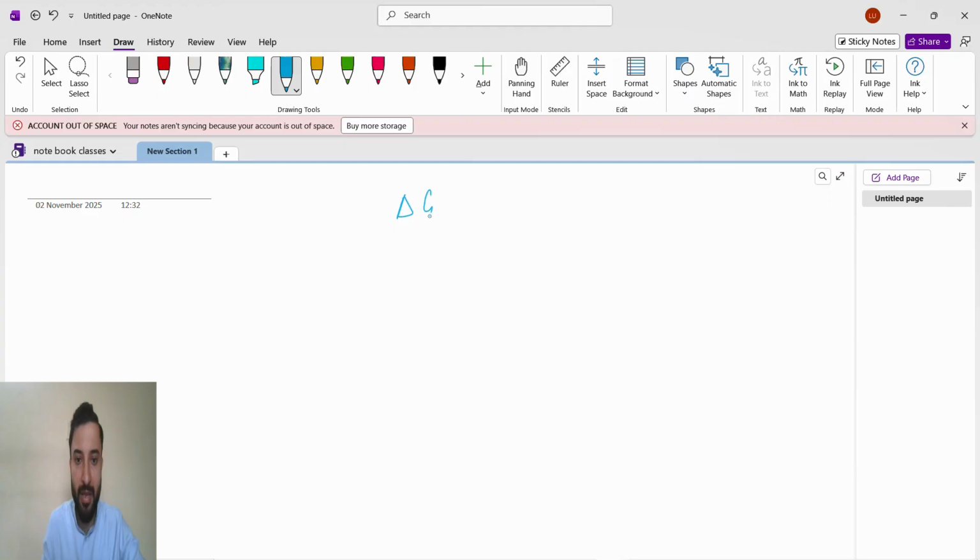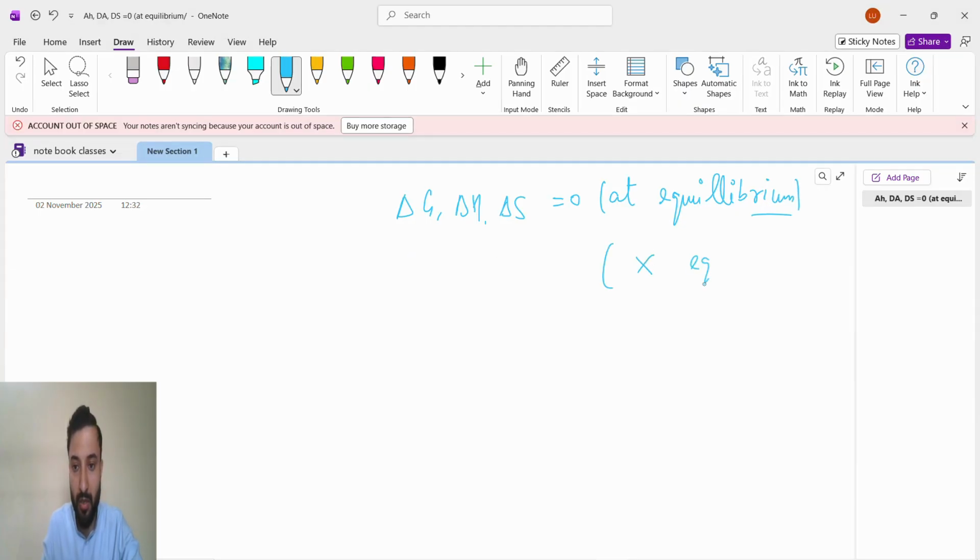Delta G, delta H, delta S, anything is equal to 0 at equilibrium. Everything is 0 at equilibrium. Now if it is not equilibrium, what will happen?